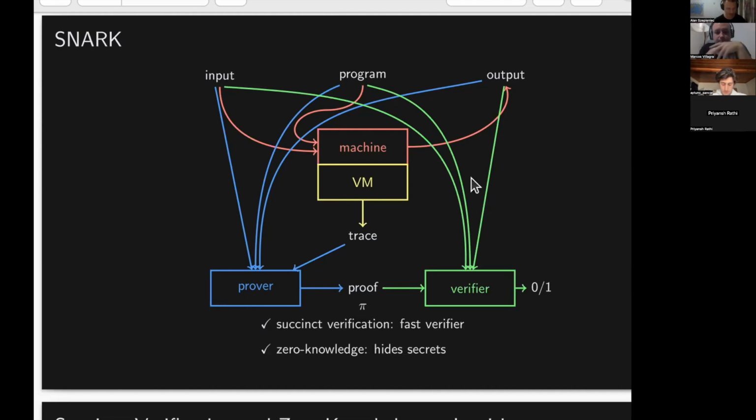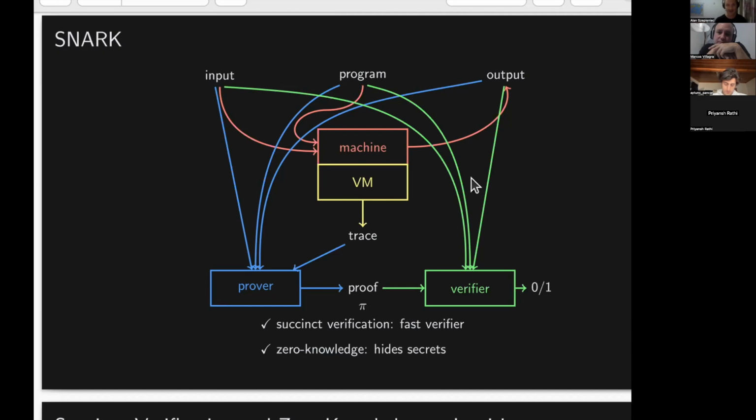And so in general, we split up this computation into the prover and the verifier. And the reason why we make this split is because this unlocks useful features, namely succinct verification, which means that the verifier can work far faster than the prover, faster even than it takes to execute this computation naively.